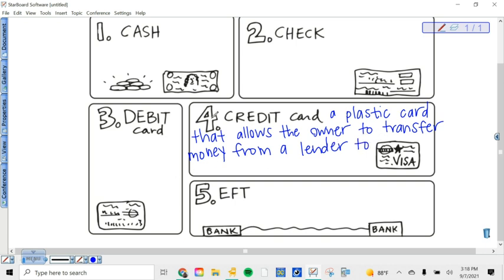So from a lender to a bank account. Hence the term credit. And when you're using a credit card, you're using borrowed money.